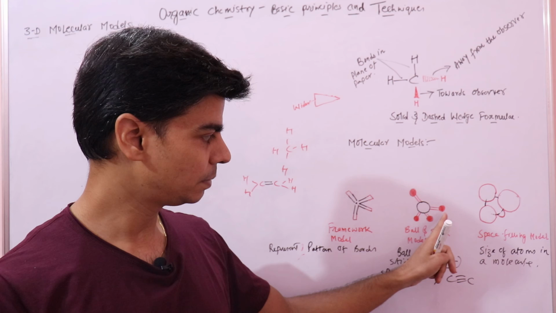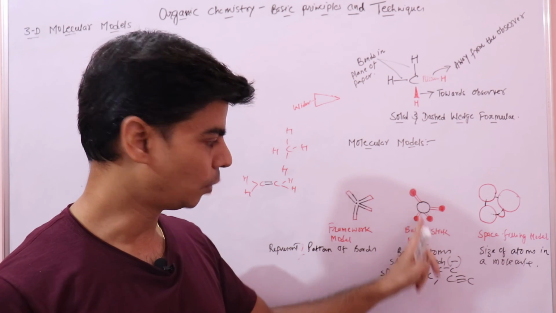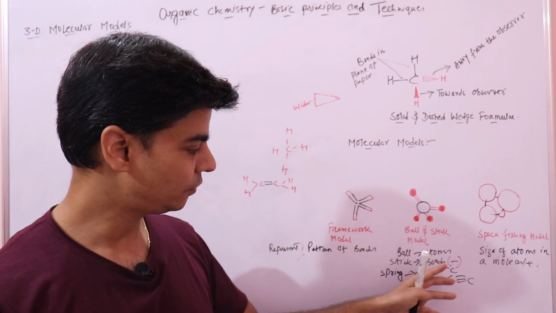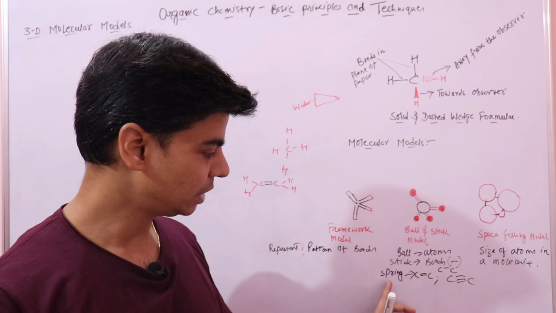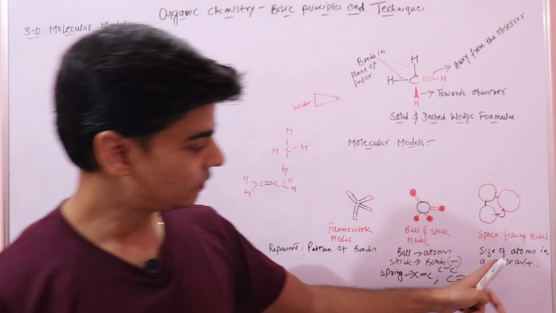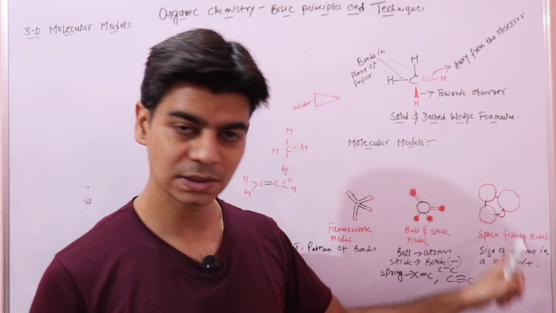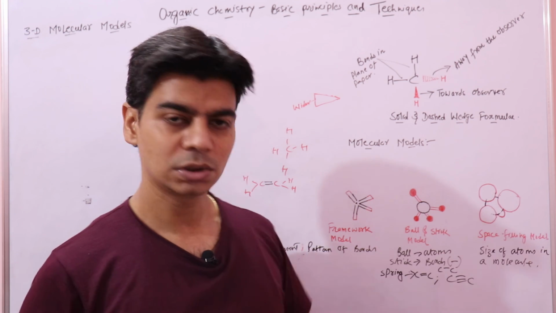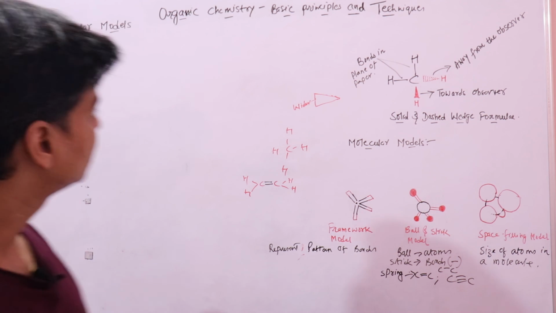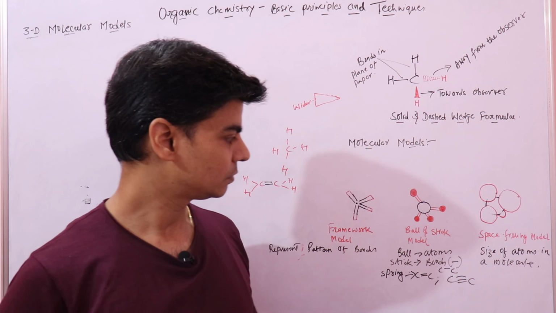The ball and stick model represents atoms and bonds: balls represent atoms, sticks represent bonds, and springs represent double and triple bonds. Then the space filling model represents the size of the atoms, with balls of different sizes, showing how much space is occupied by atoms in three dimensions. So we are done with molecular models. Thanks.